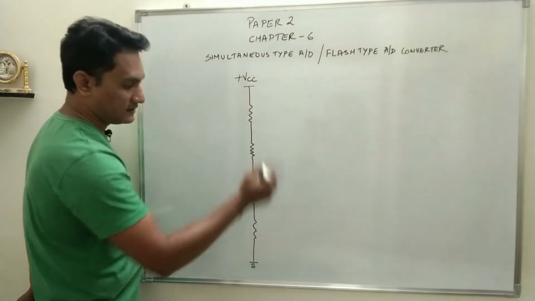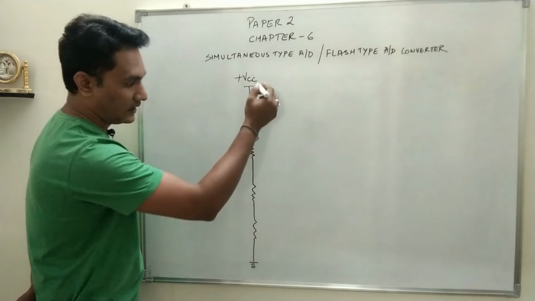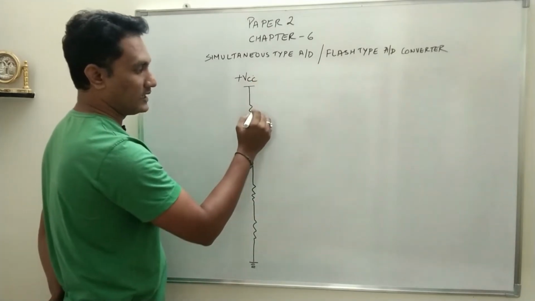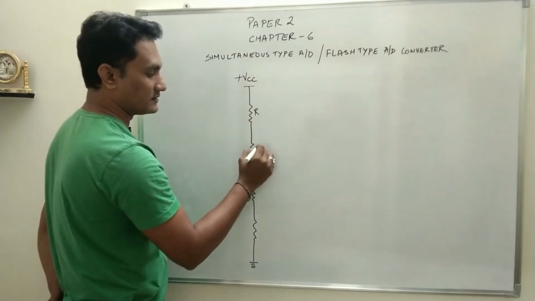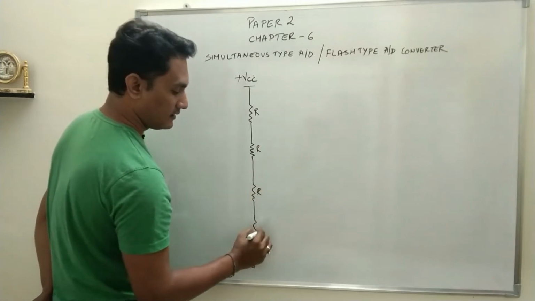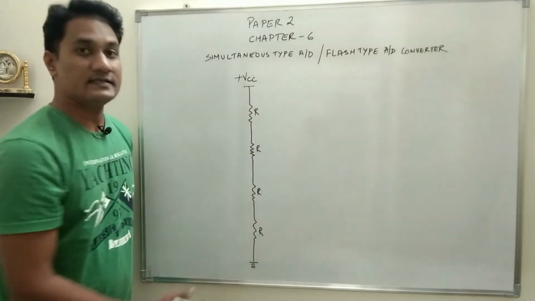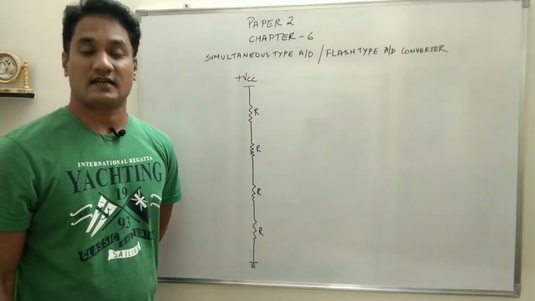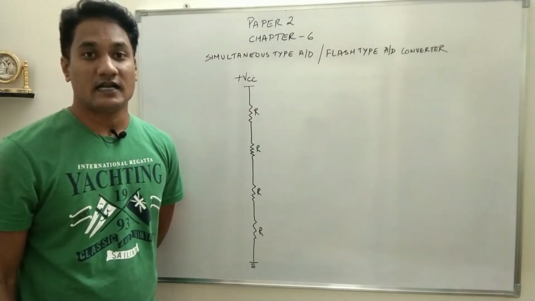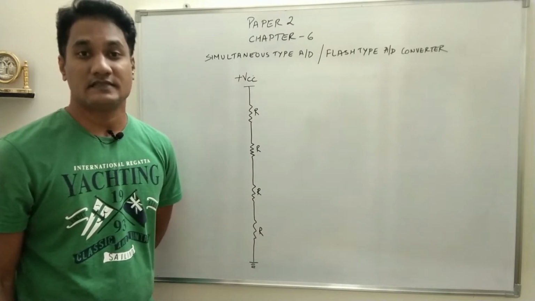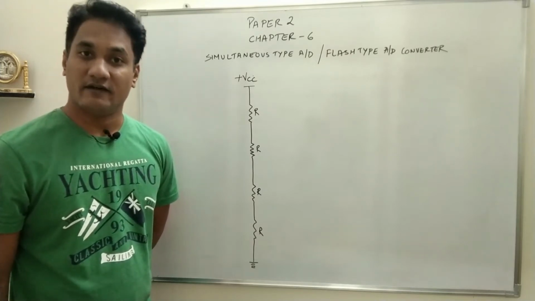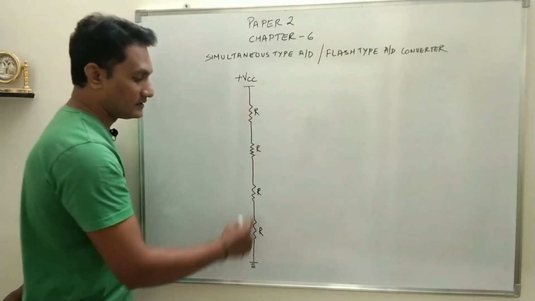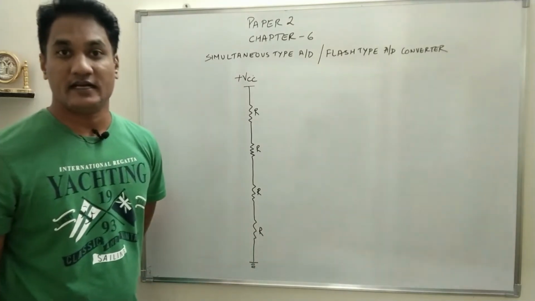The potential is applied between ground and a positive value, and there are 4 resistances R. Of course what you can see is the resistances are connected in series, and when the resistances are connected in series, current remains same, voltage divides.